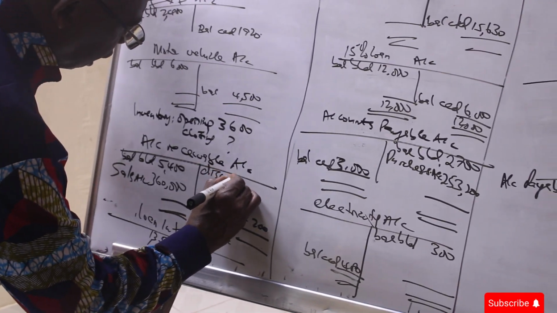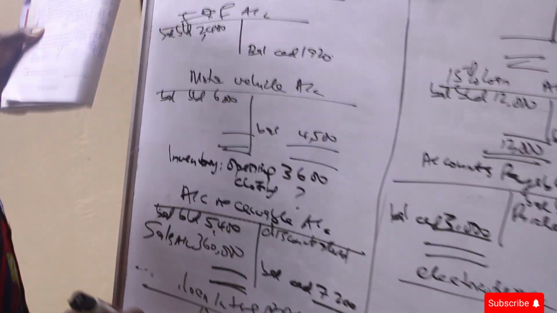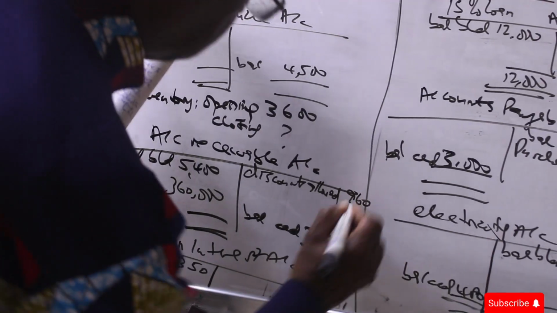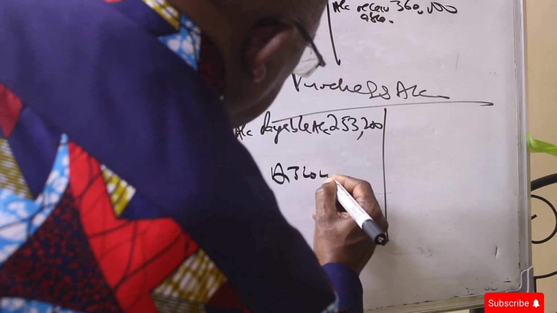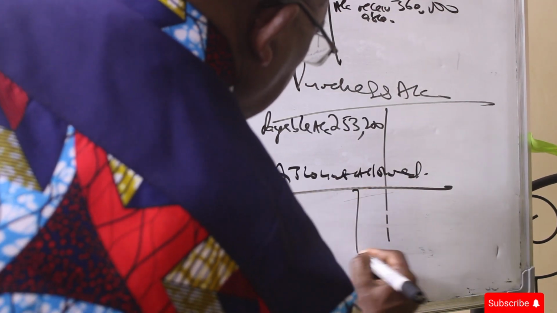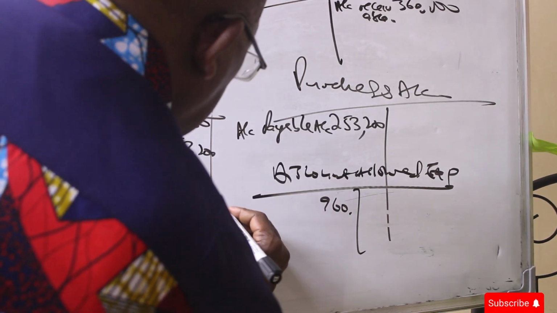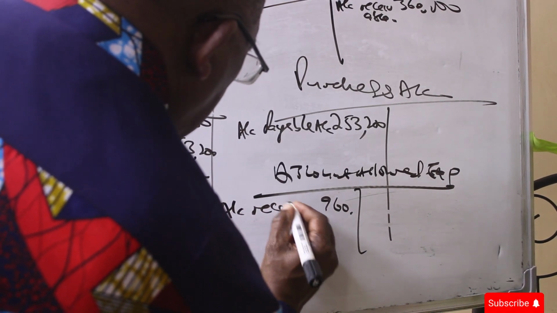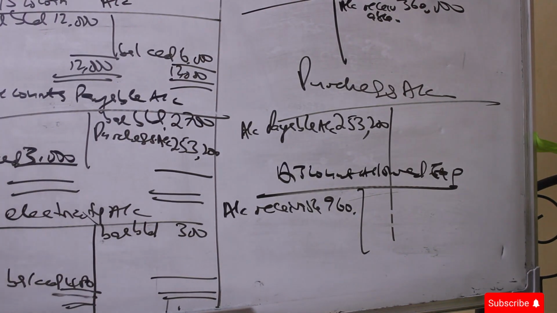So we reduce accounts receivables, we credit it with 960, and we debit discount allowed expenses account with 960. And it is from accounts receivable.